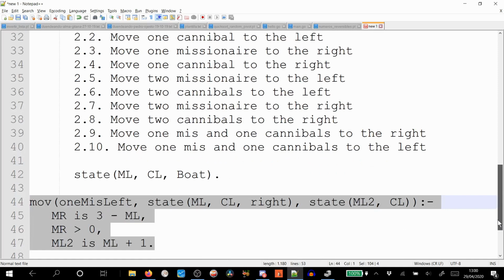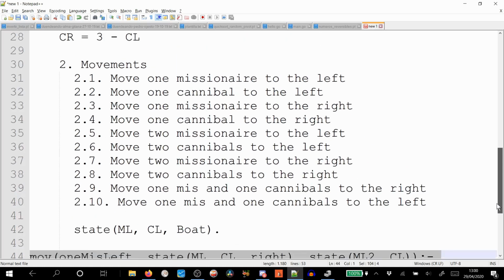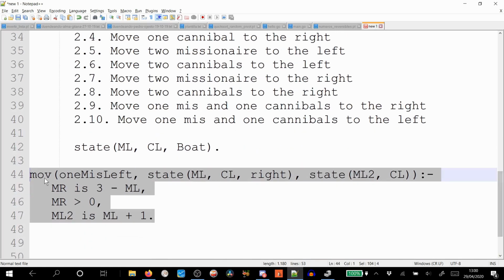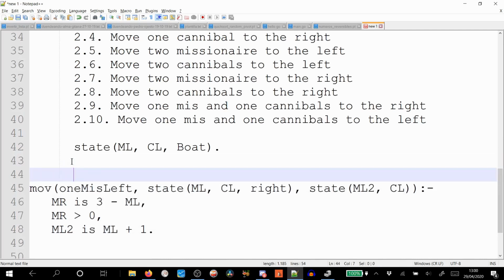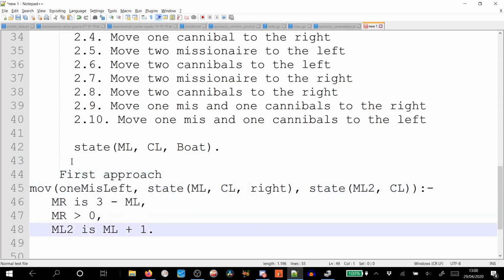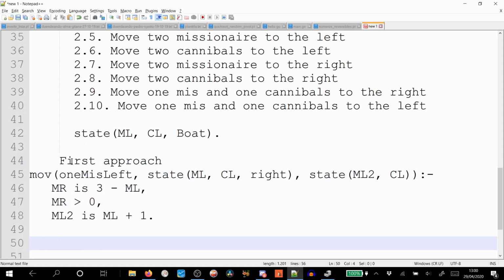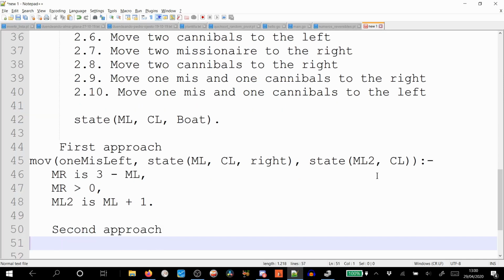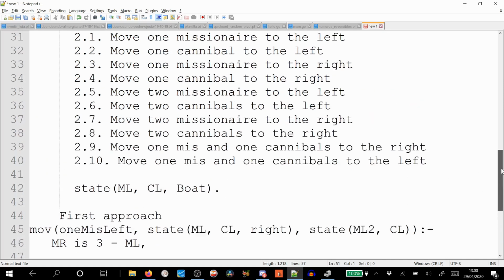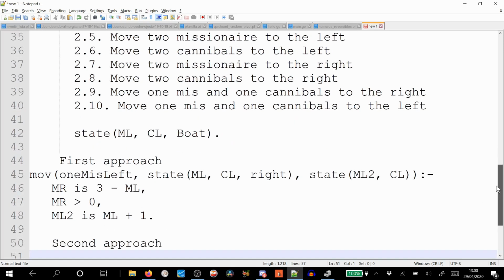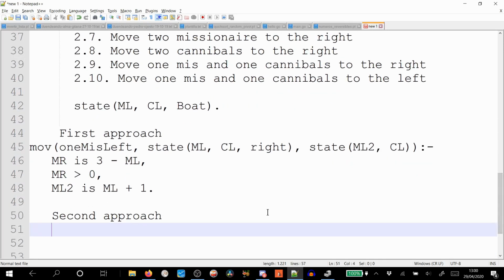But I have another solution, a little bit. That will be the first approach. But let's try to do it in a smarter and simpler way. The second approach is, okay, instead of writing 10 different movements, let's modify that.